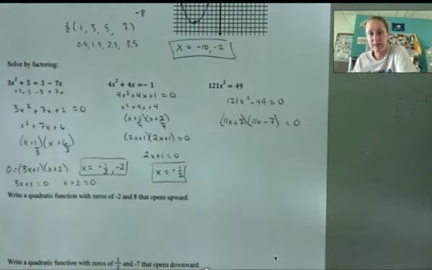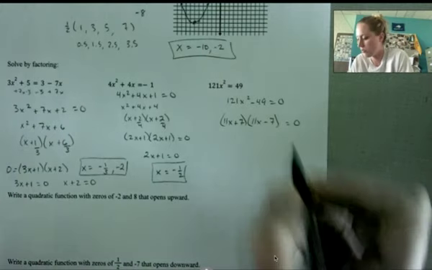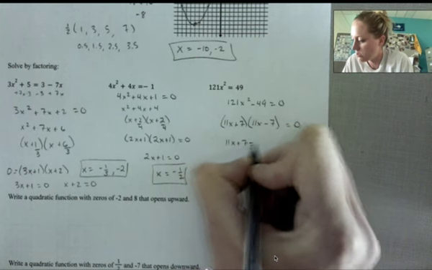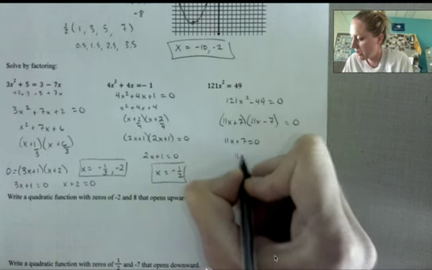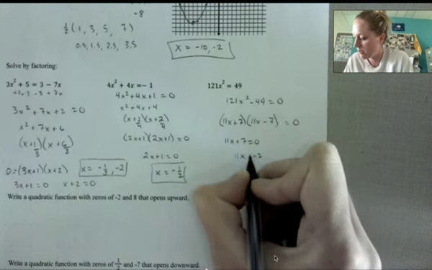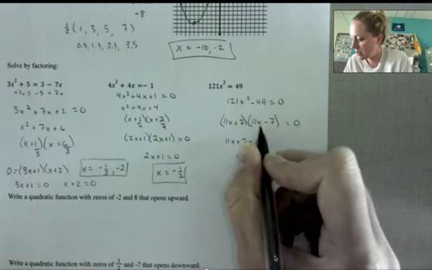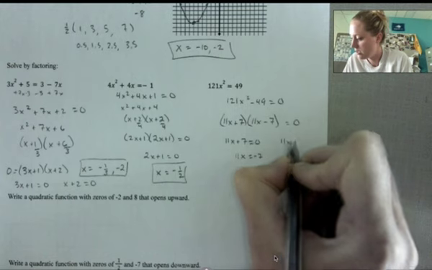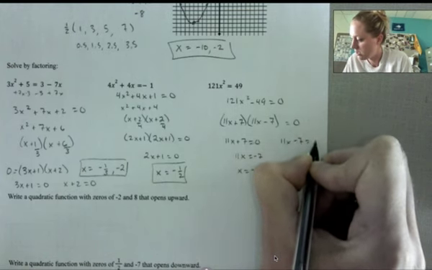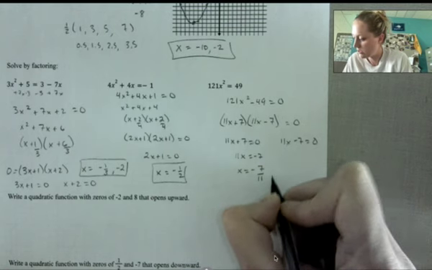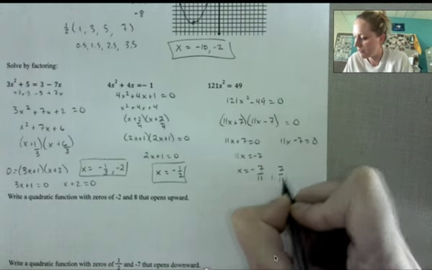I'm actually going to get the same solution, but one's going to be positive, one's going to be negative. So 11x plus 7 equals 0. Subtract 7 and divide by 11. And I'm going to get the same thing over here. Because I would add 7 and then divide by 11, so I'd get a positive 7/11.